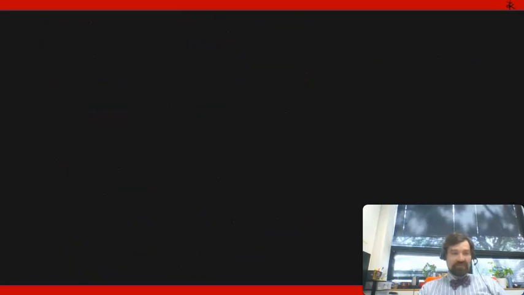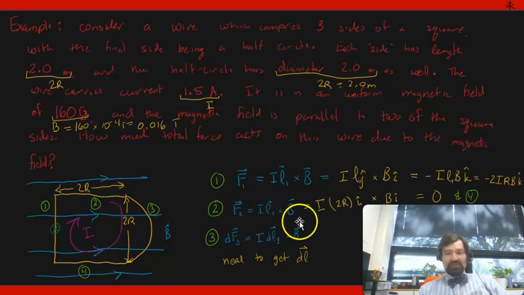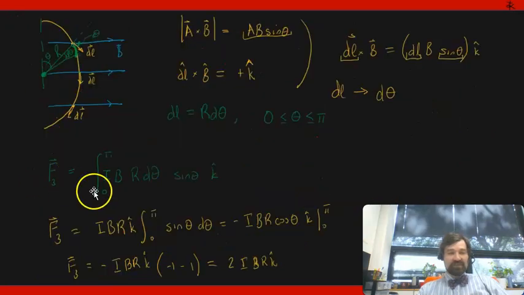So to finish the problem out, I basically just need to evaluate these two things. Although if I'm paying especially close attention, I notice that for segment 1, I had negative 2 I R B k hat, and for segment 3, I have positive 2 I R B k hat. So I could evaluate with numbers, but if I add all of my forces together, I have F1, F2, F3, and F4.